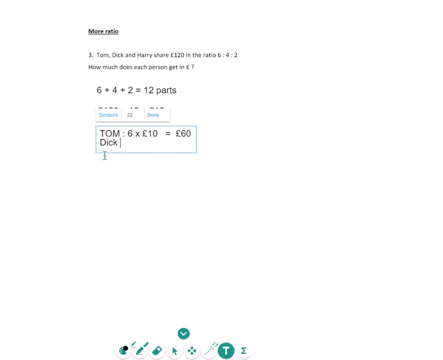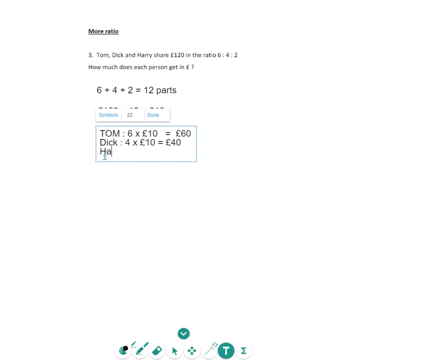and Dick gets 4 times £10, pounds, not dollars.